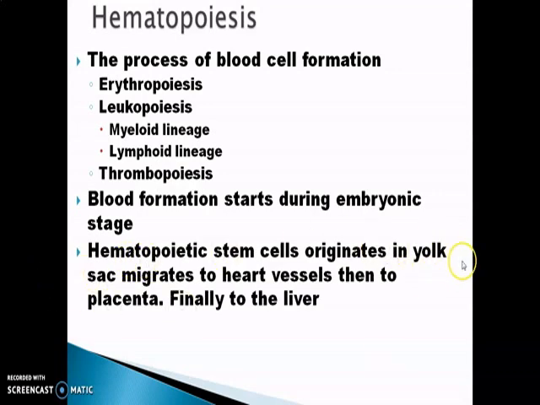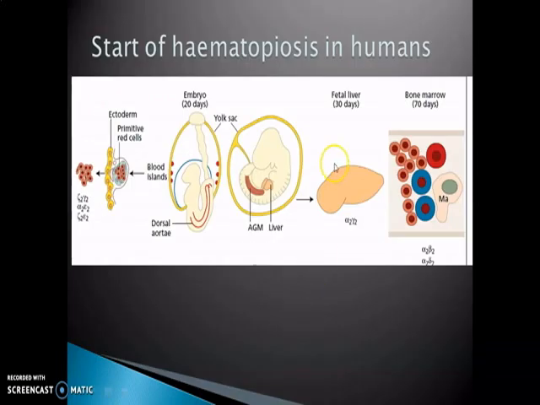These yolk sacs have a specific kind of cell known as the hemangioblast cell. Then this hemangioblast cell migrates to the heart vessels and then the placenta and finally to the liver by the 30 days of embryonic life. When it reaches 70 days of life, bone marrow is formed, and this bone marrow starts producing RBCs.